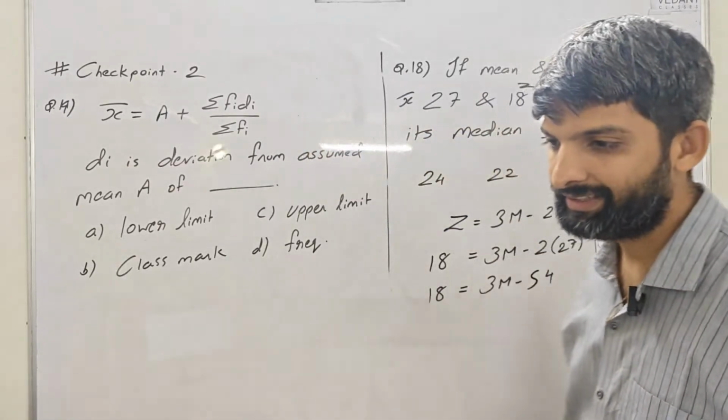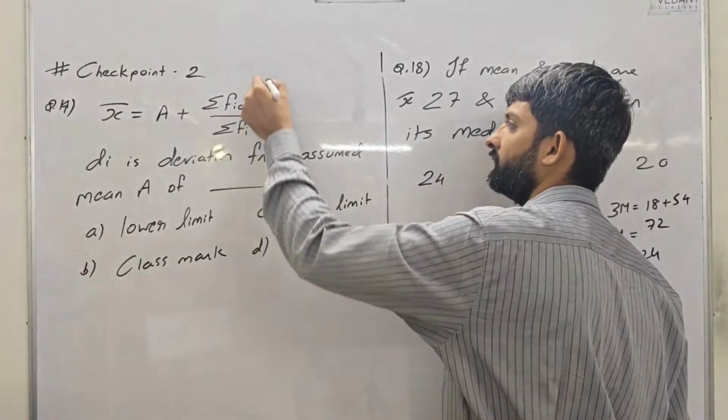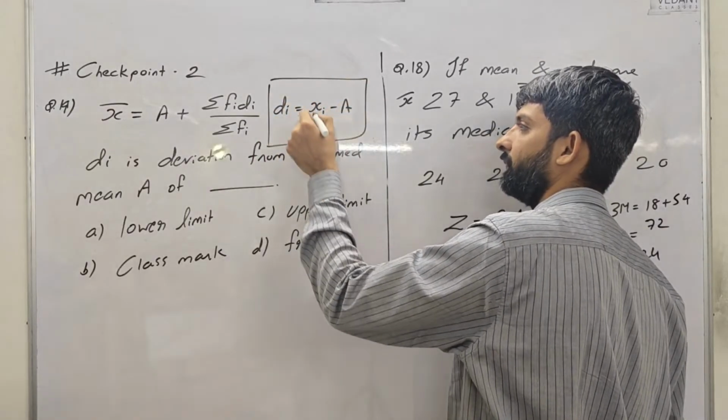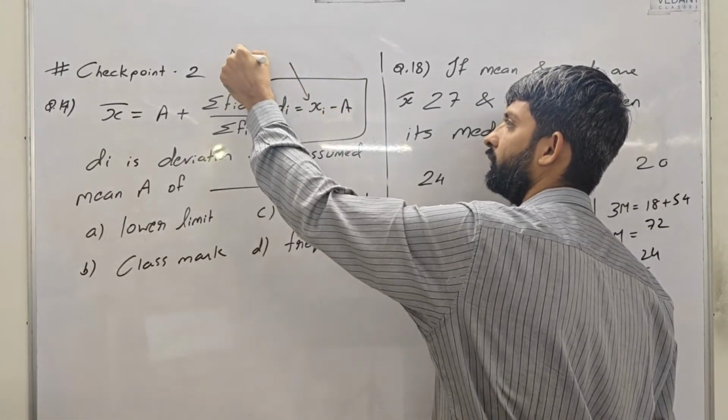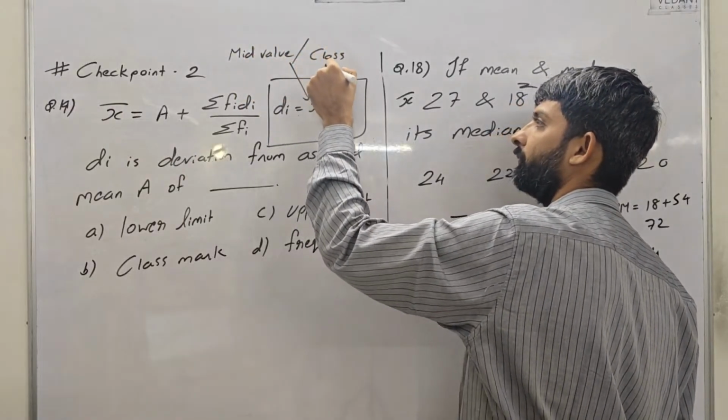Some are saying option D, some saying option C. What is the formula of deviation? That's the only case. It is xi minus a. And what is xi? That is called the mid value, or you can say class mark.